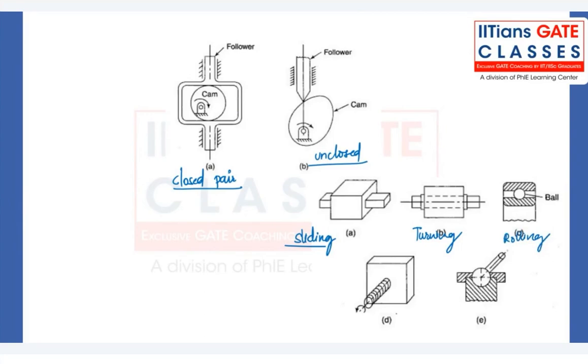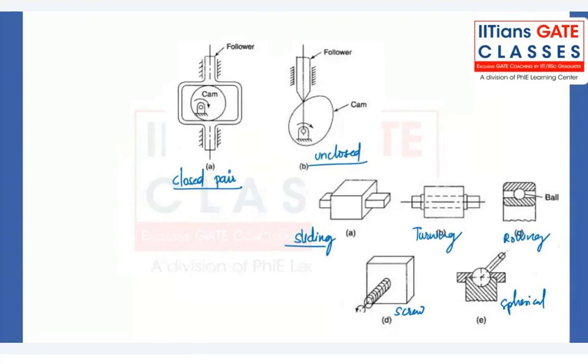The next one is the screw pair. A screw pair is whenever two links have both turning as well as sliding motion between them. And the last one is the spherical pair, where one link is in the form of a sphere and the other forms the socket.